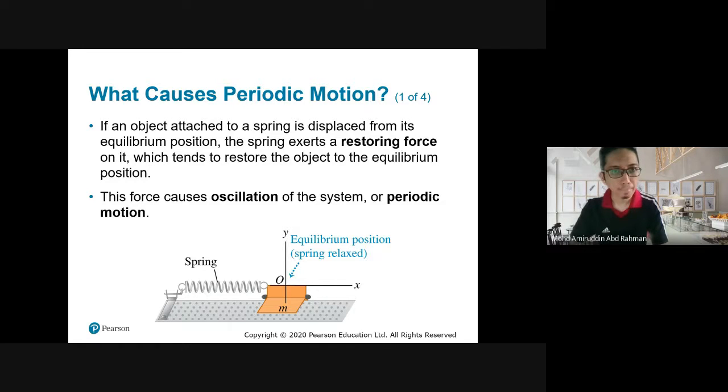Below over here we have an example of an object attached to a spring.